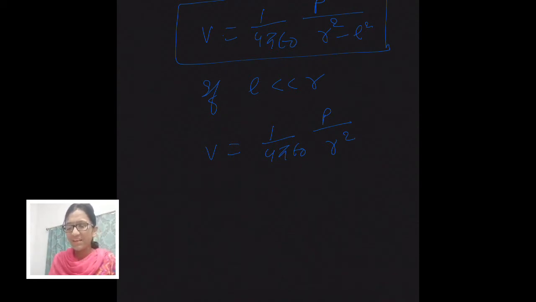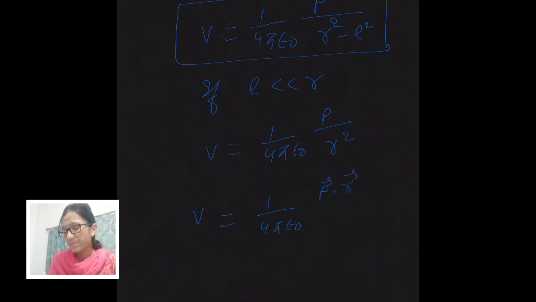But you can elaborate it and produce it in the form of a scalar product. As dipole moment is a vector quantity and position vector also is a vector quantity, it can also be written as the scalar product, 4 pi epsilon naught, P dot r.